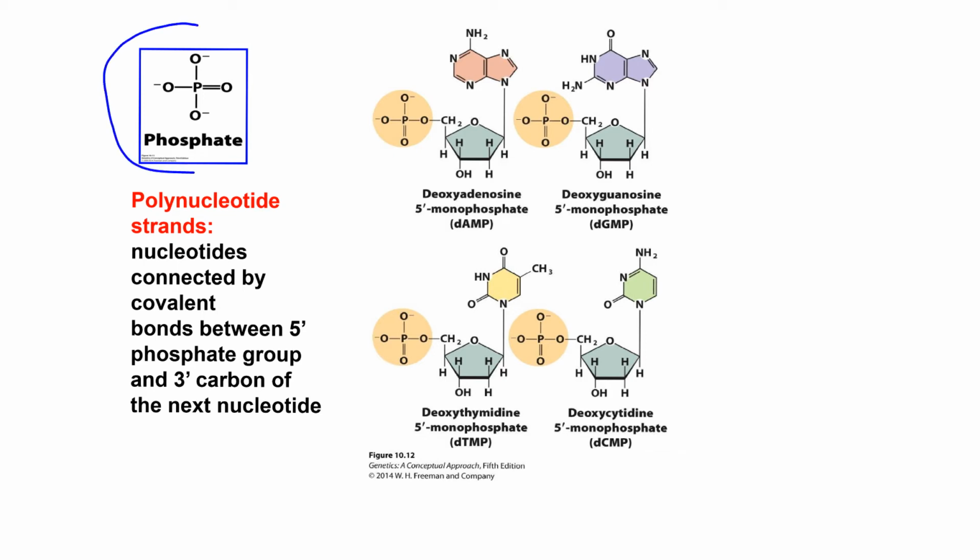Phosphate consists of a phosphorus bound to 4 oxygen atoms. Phosphate groups are found in every single nucleotide, and as you can see, very frequently they can carry negative charges, which makes DNA negatively charged.